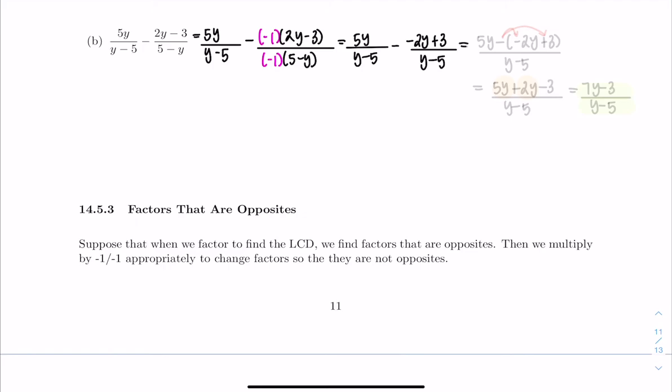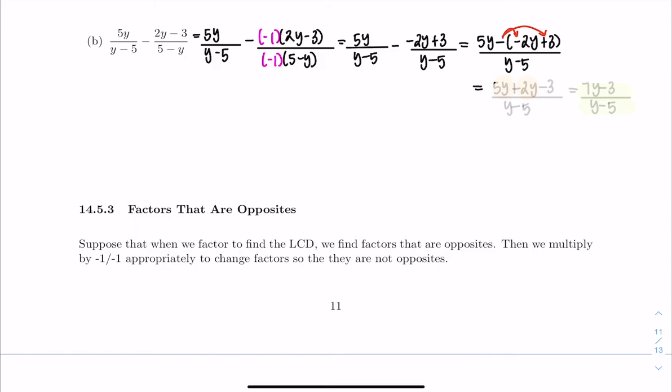And then because we have the same denominator, we're just going to combine it into one fraction. And we just want to make sure we distribute this negative to both pieces.